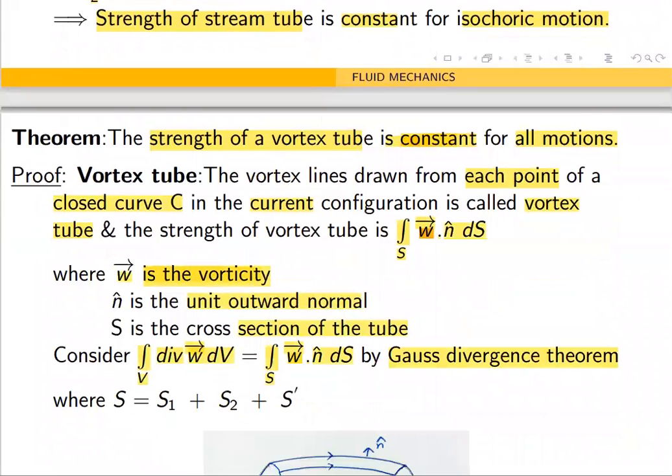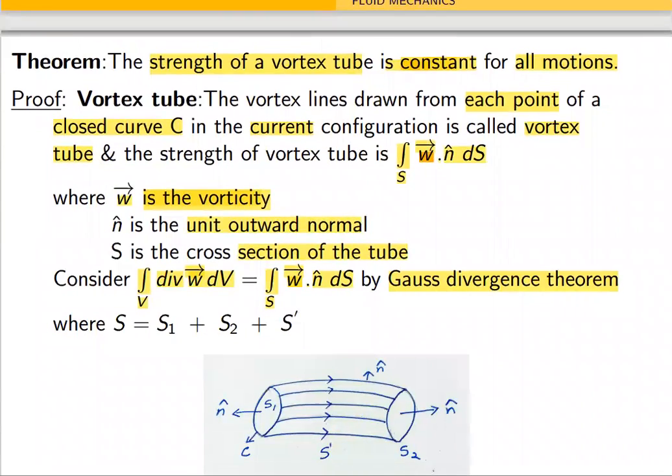And we know, what is the total surface now? This is the vortex tube. Look at the same diagram for the vortex tube also. We can have that vortex tube having three surfaces, S1, S2 and S dash. S dash is the curved surface.